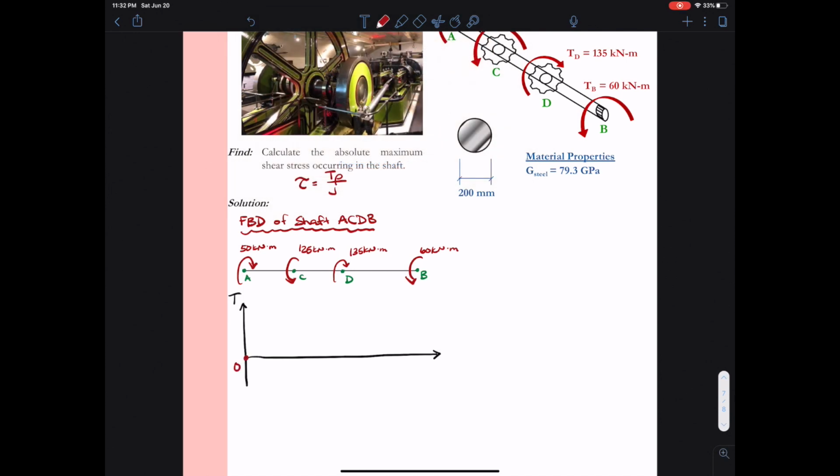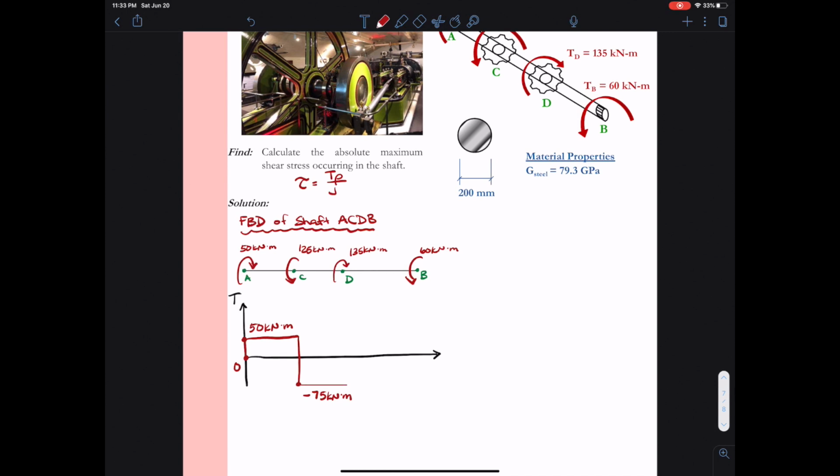That remains constant from A to C, at which point I jump down 125. So 50 minus 125 brings me to negative 75 kilonewton meters. That remains constant from C to D.